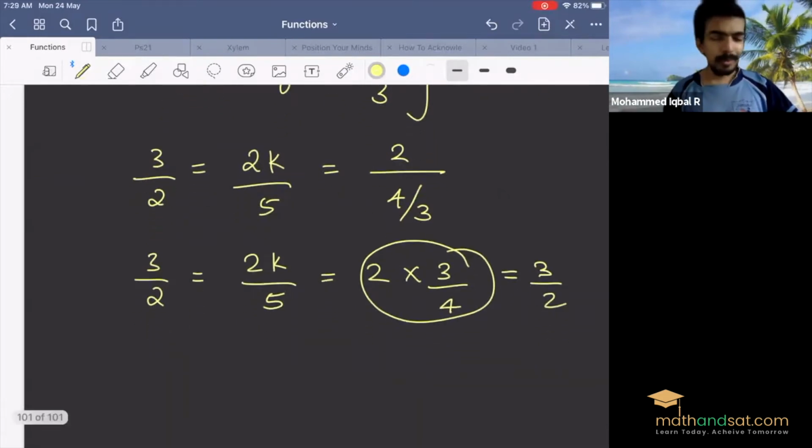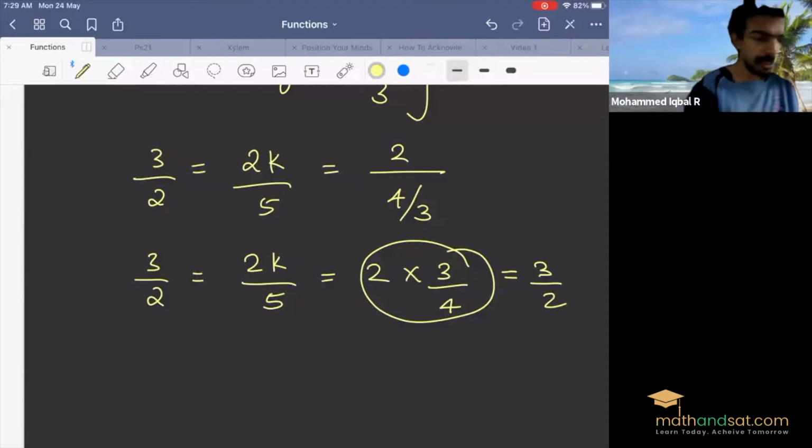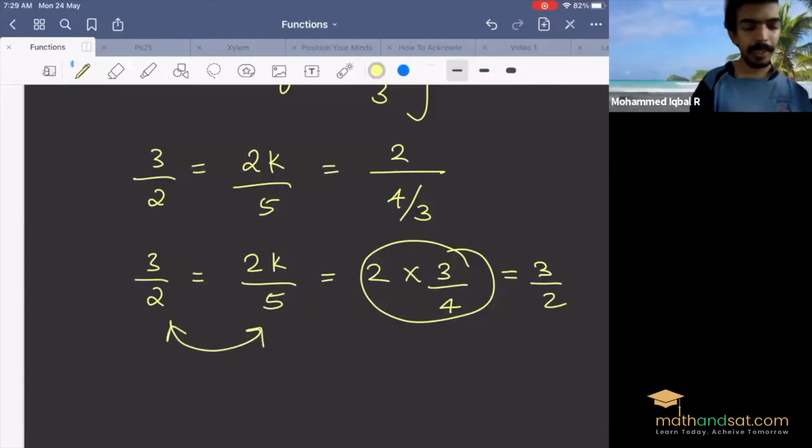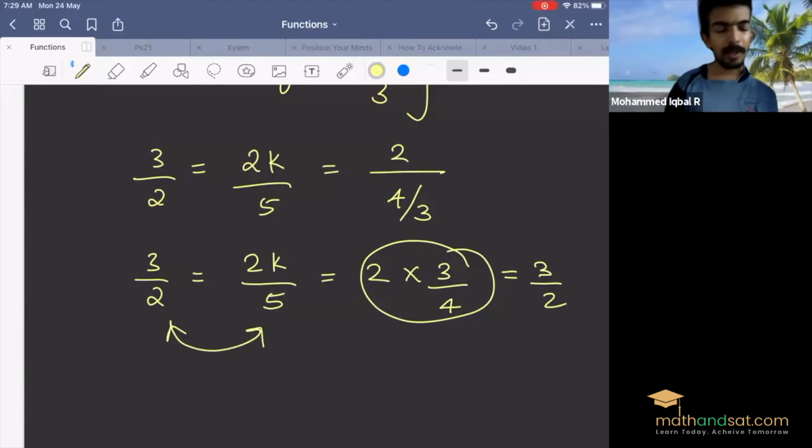So we can just figure out the value of k, right? You just equate these two and find the value of k. What do you think will be the value of k? 3/2 is equal to 2/5 times k. When 2/5 is multiplied with k, when it goes to the other side, it becomes multiplication with 5/2.